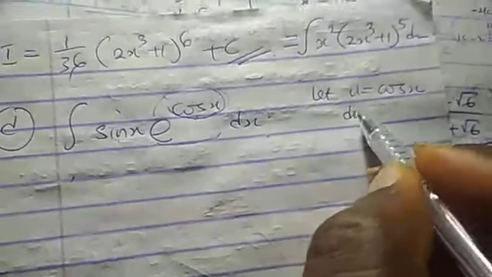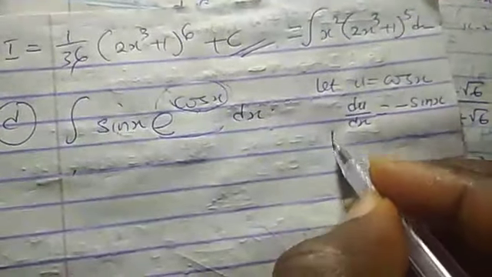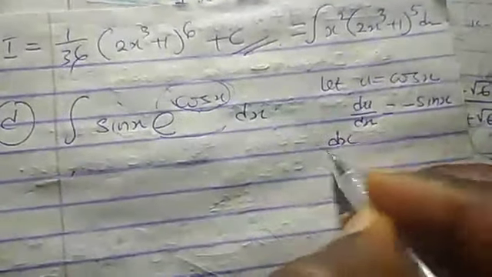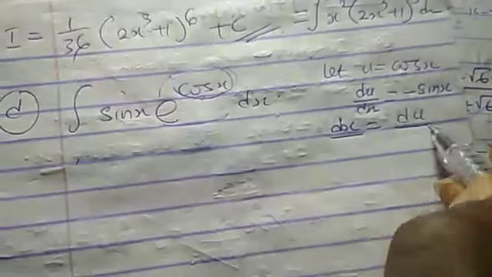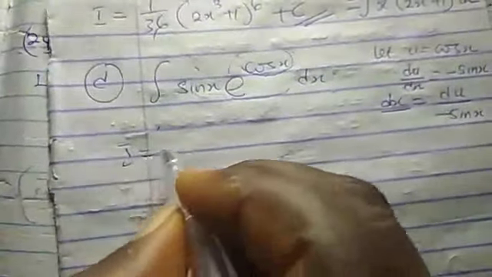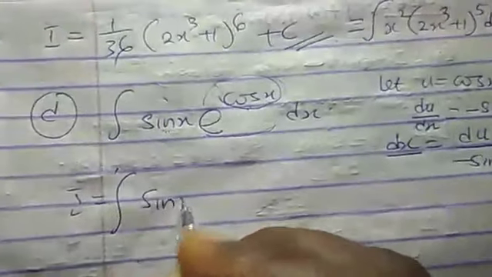The next thing I will say du over dx. If I differentiate cos x, I will have minus sin x. The next thing is I will make this dx the subject of the formula. I will just swap it. It will be du over minus sin x. So that my integration becomes: sin x has no representation at all.